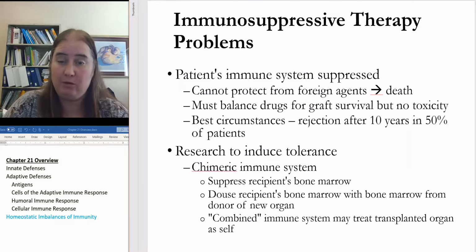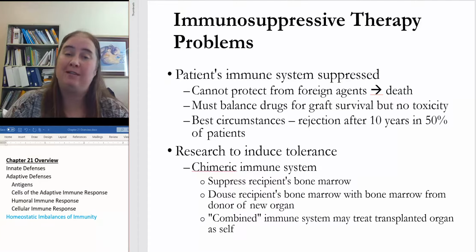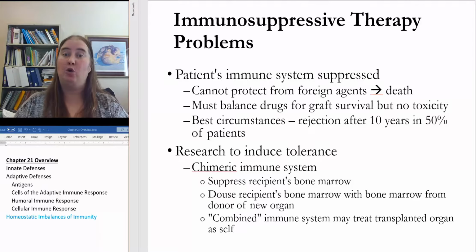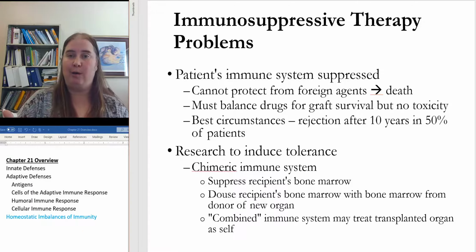So when a person's immune system is suppressed to the degree that it has to be suppressed with these immunosuppressive therapies, a common cold can be deadly, right? So you have a patient who's now immunocompromised.